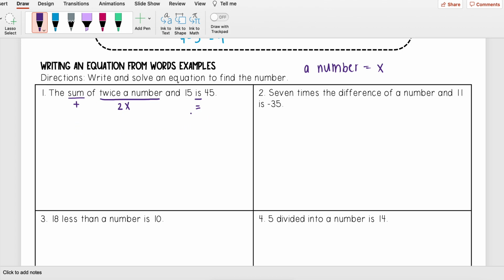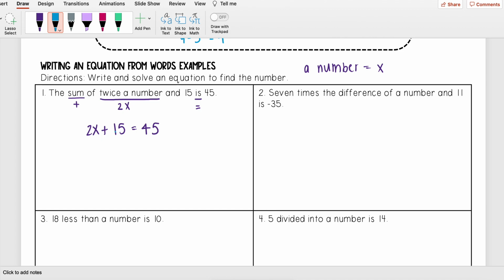So now when I go ahead and write that all out, I'm adding twice a number, so 2x plus 15 is equal to 45. So I wrote my equation. Now I'm going to go ahead and solve it to find what my number is, what x is equal to.